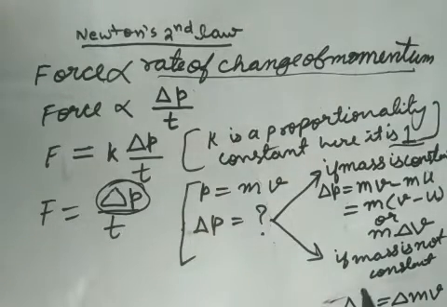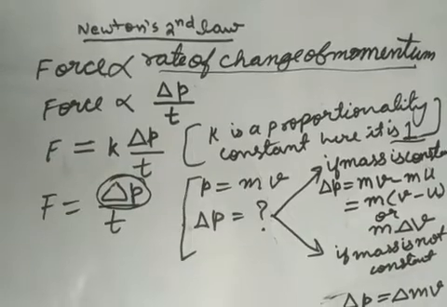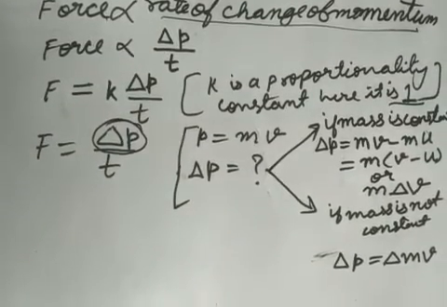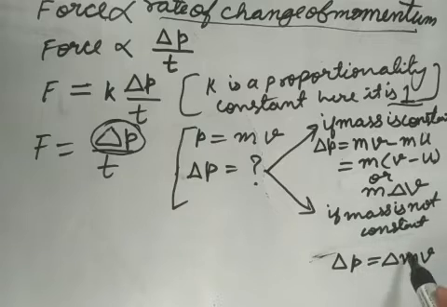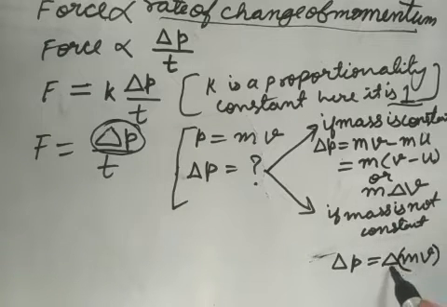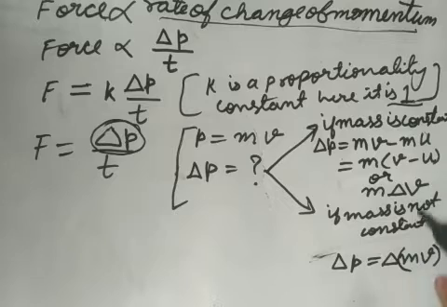Now the problem is if mass is not constant. What are these conditions? I will tell you about it later. But if mass is changing, the body is moving and its mass is changing, then for this delta P we can't do anything. We have to write it as it is. P is mv, so delta P will remain as delta of mv.